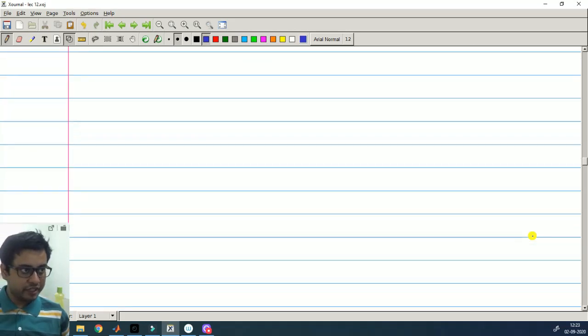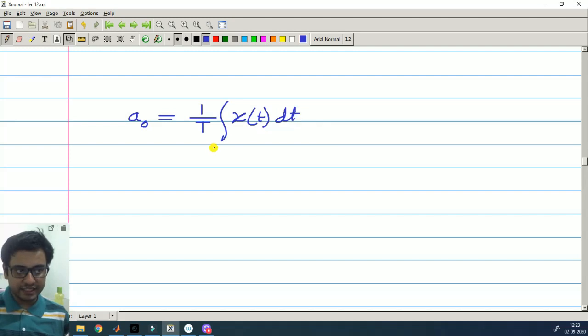And before I finish, I will just write the three important formulas that you should remember. A0 is the average value of a periodic signal, like this.